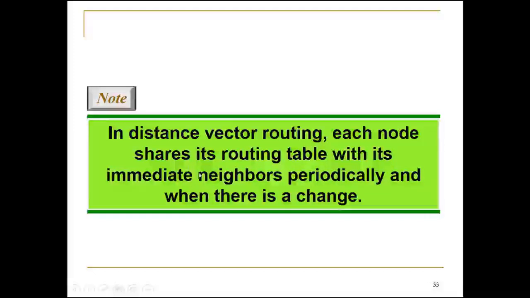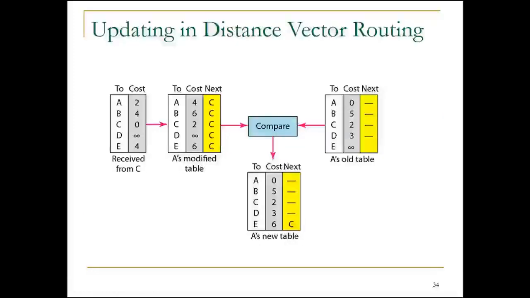So to note, in distance vector routing, each node shares its routing table with its immediate neighbors periodically and when there is a change.